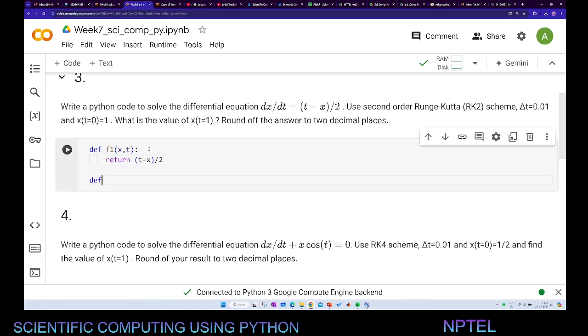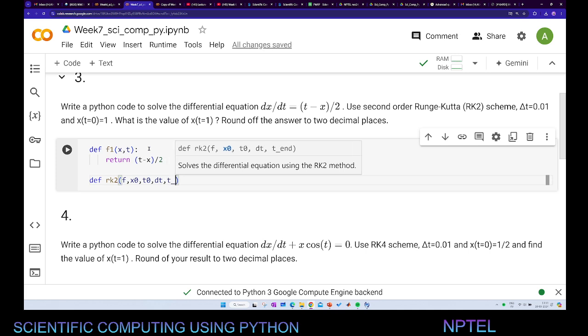Now let's define the method RK2. It already gives everything. So the first argument should be the function, and then we need to know the initial position, initial time, dt, and the final time, which we'll call t end.